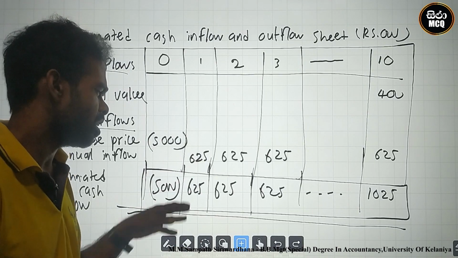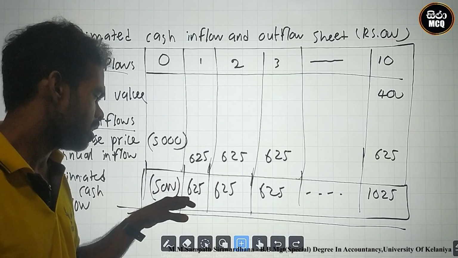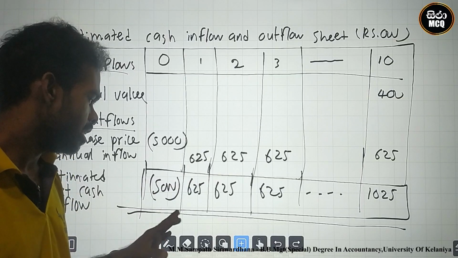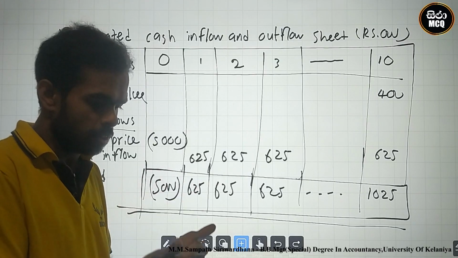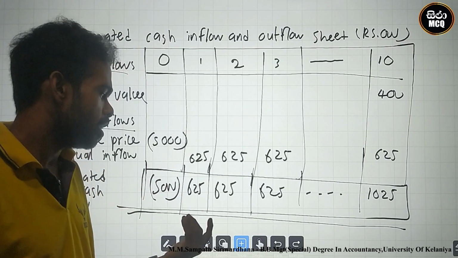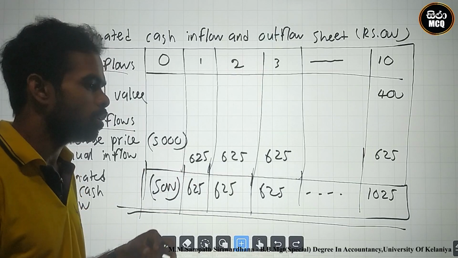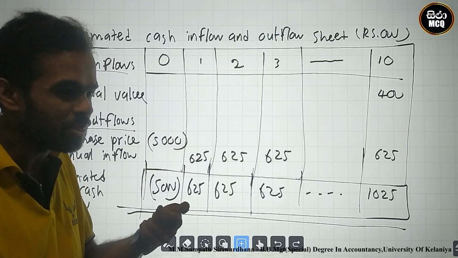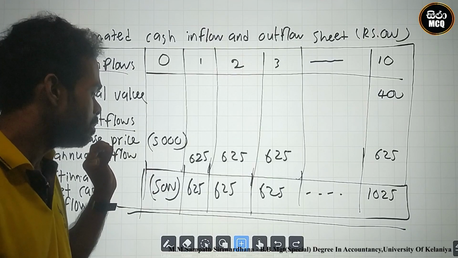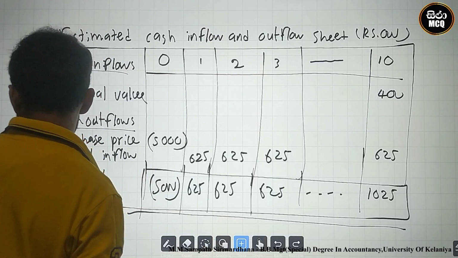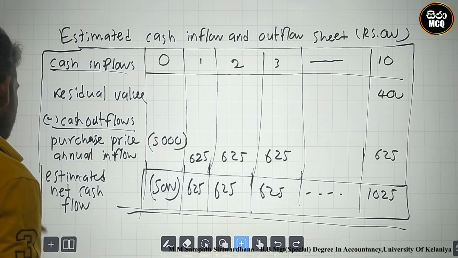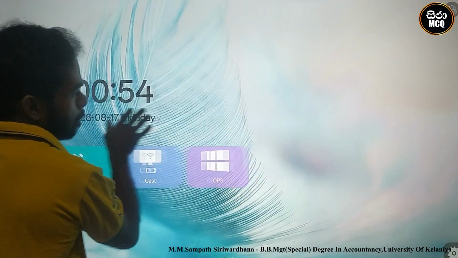The annual cash inflow is 625 every year. How many times should 625 be met in 5,000? Therefore I use the calculator.